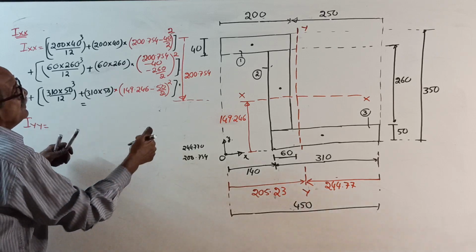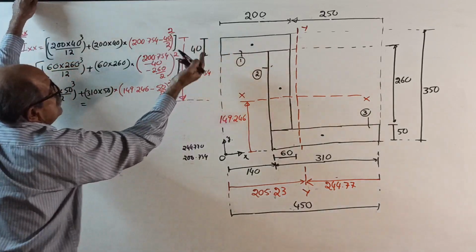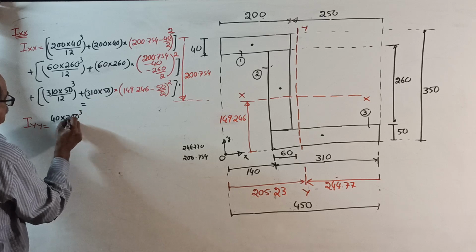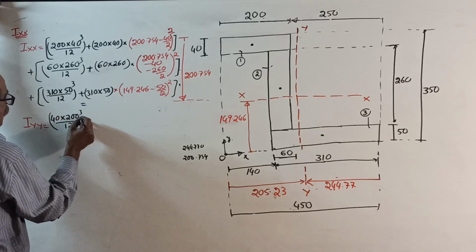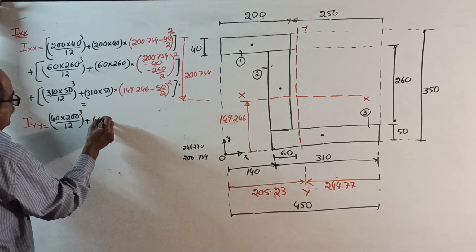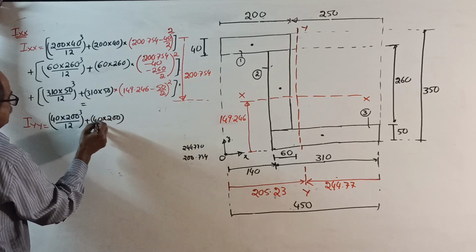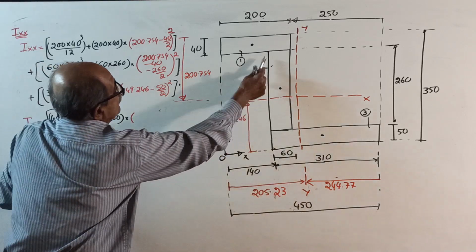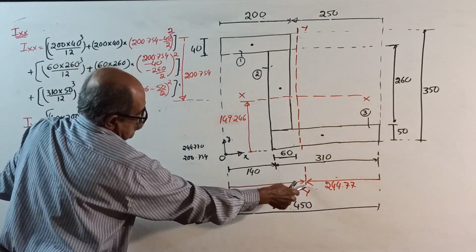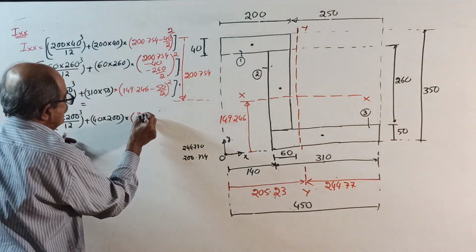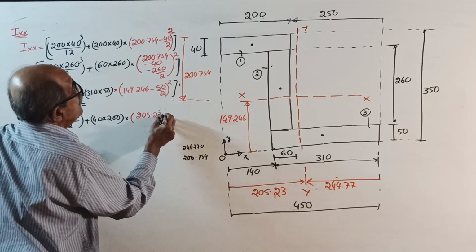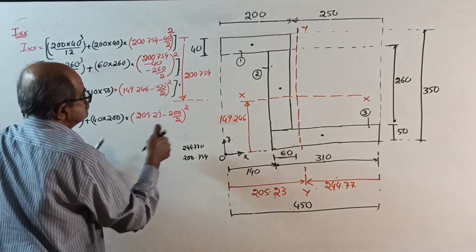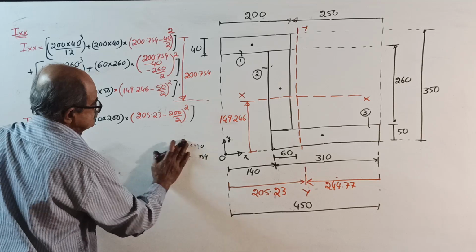IYY. Now start here. First one, 40 into 200 cube by 12. See, exercise question, what I am giving is actually a bonus for you. Those who are serious should do one thing: they should not see the expression. They should write their own expression and then check it. Into this distance, where is it here? 205.23 minus 200 by 2, whole square. No reason I am telling.